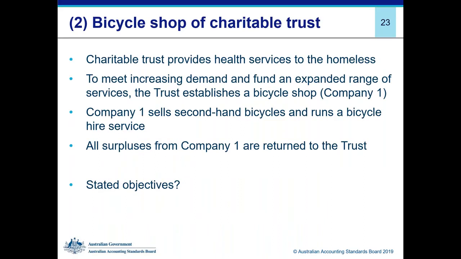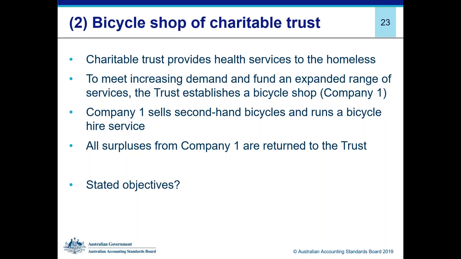The second example is an interesting example of a bicycle shop owned by a charitable trust. The charitable trust exists to provide health services to the homeless and to try to fund an expanded range of services. The trust establishes the bicycle shop in the form of a company.